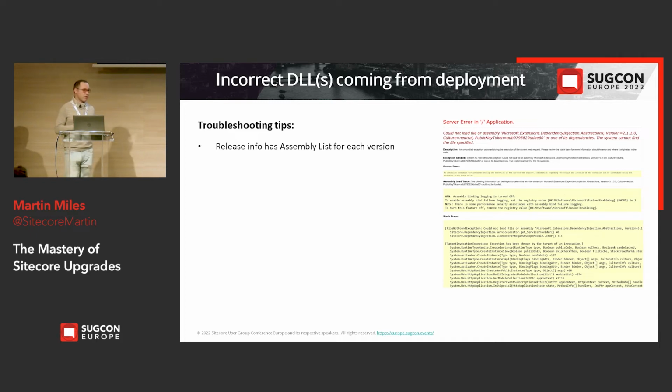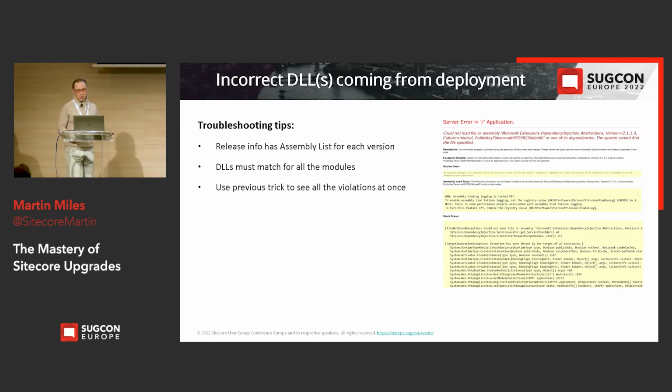For example, version 10.2 has exactly 400 DLLs shipped within its bin folder. DLLs must exactly match their counterpart vanilla DLLs in version, and also in size, unless that is a hotfix. With the previous trick, you can identify all those mismatching DLLs, and with the second trick, where these DLLs are coming from.